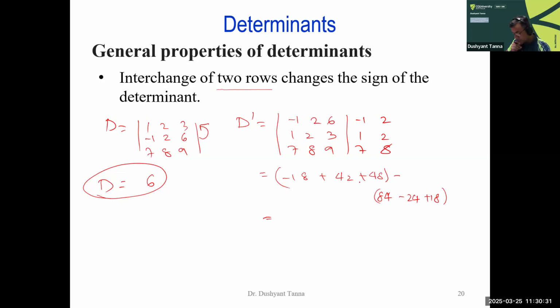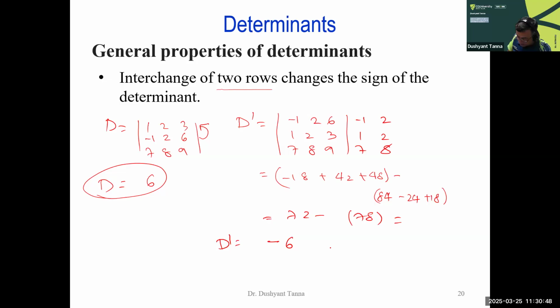Right, 42 plus 48 is 90, minus 18 is 72, minus 84 minus 24 is 60, plus 18 is 78. 72 minus 78, that is minus 6.